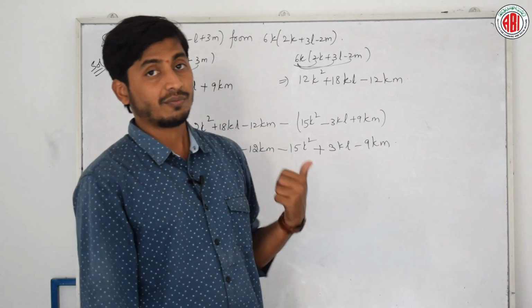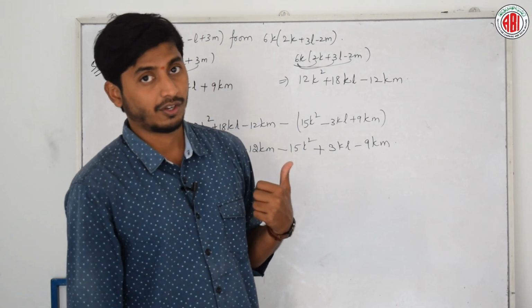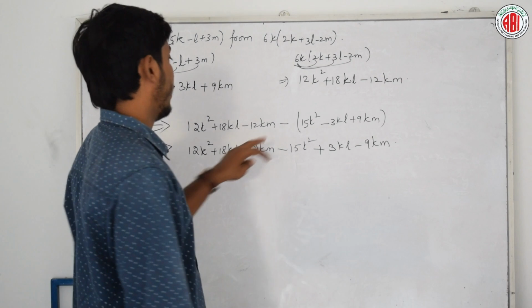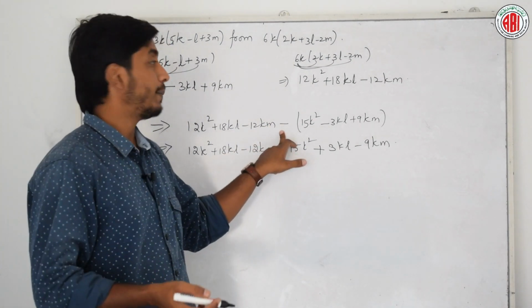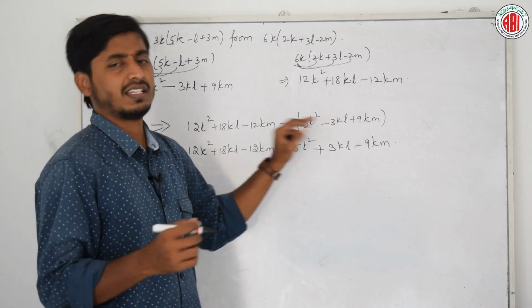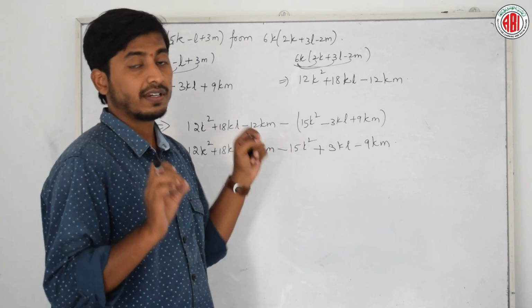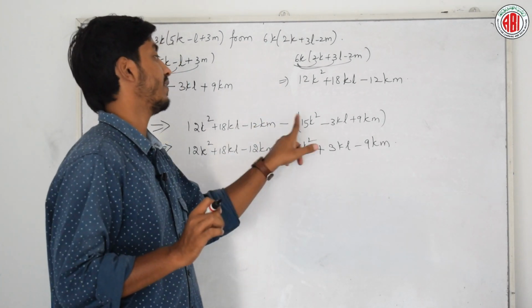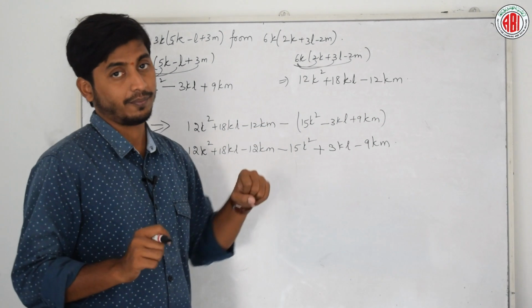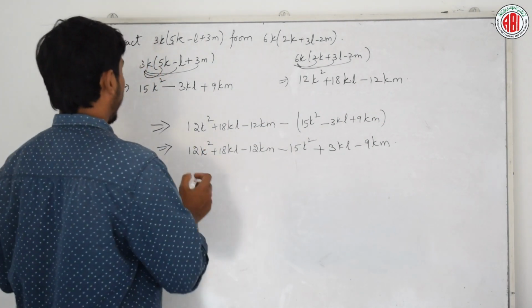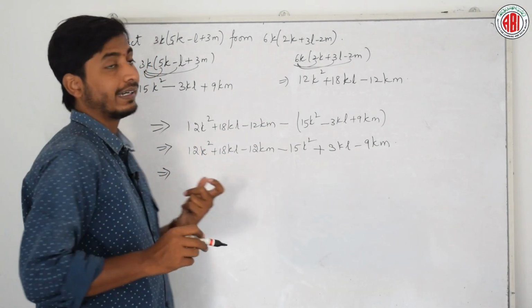This is where most of the people make mistakes. Just have a look. Minus, we have to multiply it to the next term. If it is addition, we can directly add all the terms. If it is subtraction, we have to multiply this negative sign to all the terms, remember. Now check whether there are any like terms.